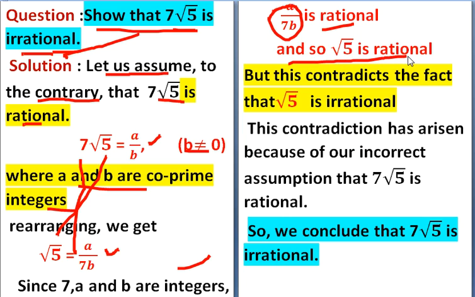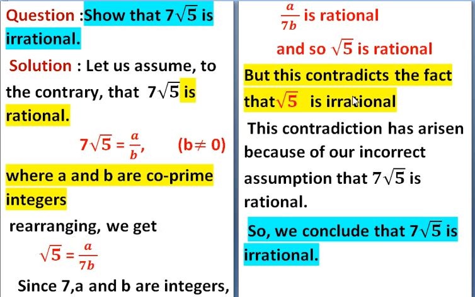So root 5 is rational, because a by 7b is equal to root 5. But this contradicts the fact that root 5 is irrational, because we know that root 5 is irrational.